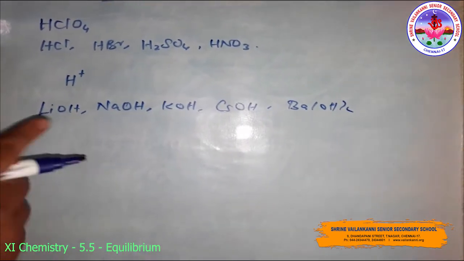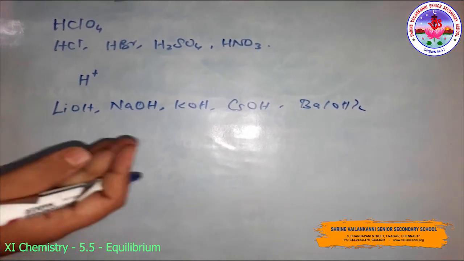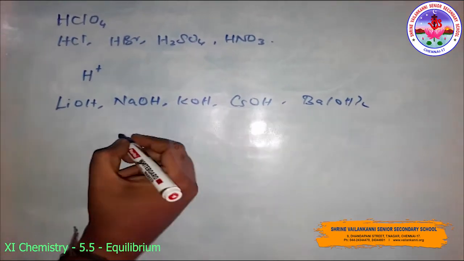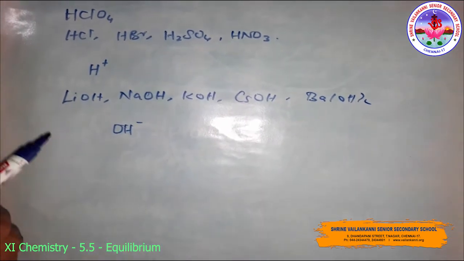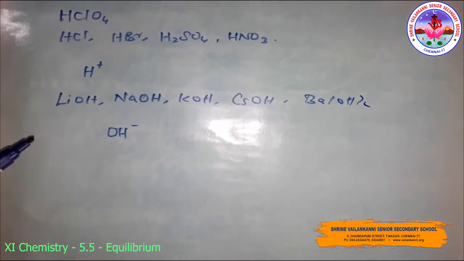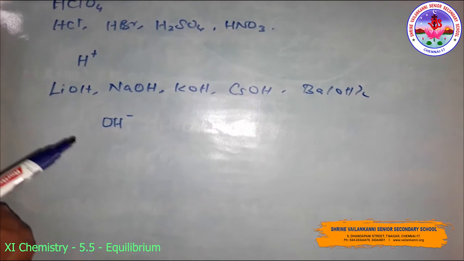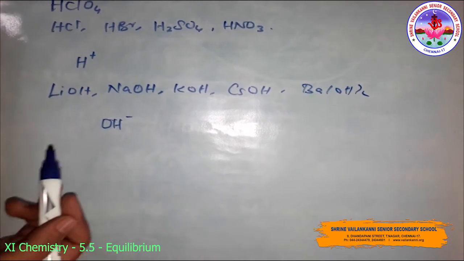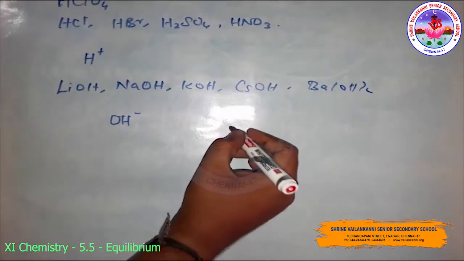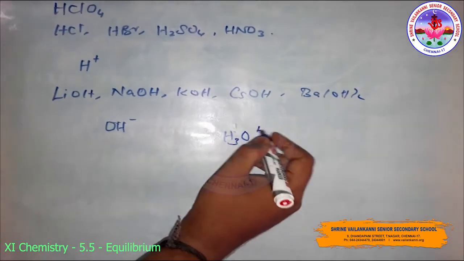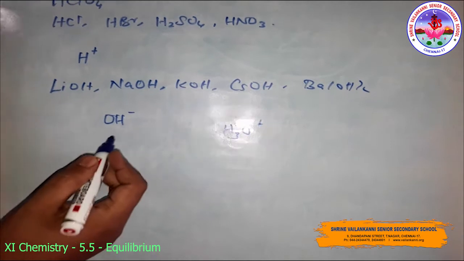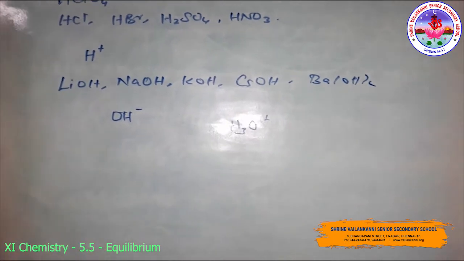These are almost completely dissociated into ions in the aqueous medium, giving the OH minus ion, that is the hydroxide ion. According to the Arrhenius concept, they are strong acids and bases as they completely dissociate and produce H3O plus hydronium ions and hydroxide ions in the medium.